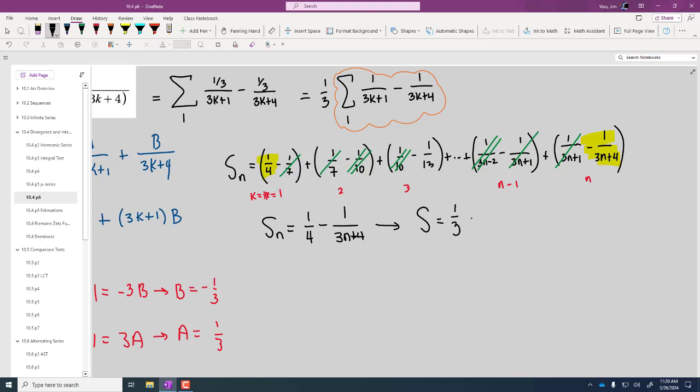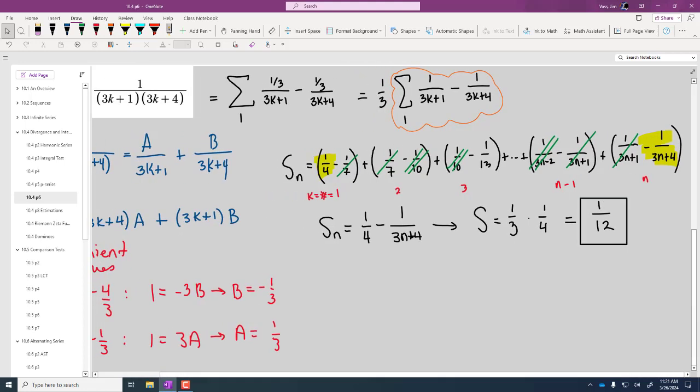And what's the limit of that as n goes to infinity? 1/4. So the sum of this series will be 1/12. So like the geometric series, we can actually find S. Most series we can't. So a good little refresher on telescoping.